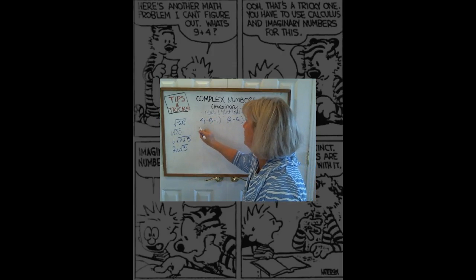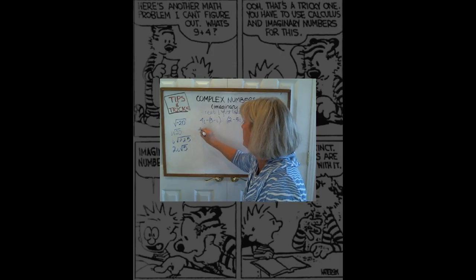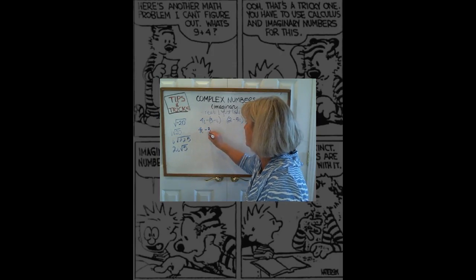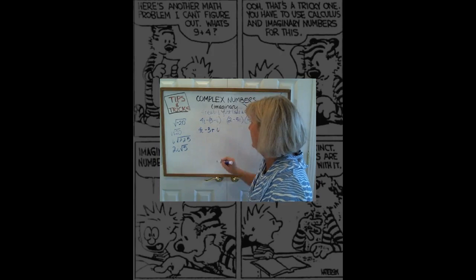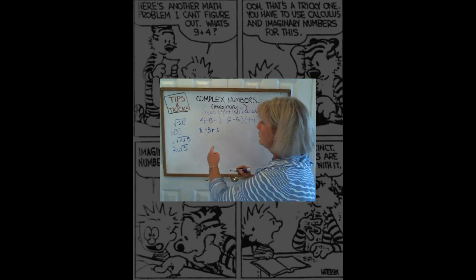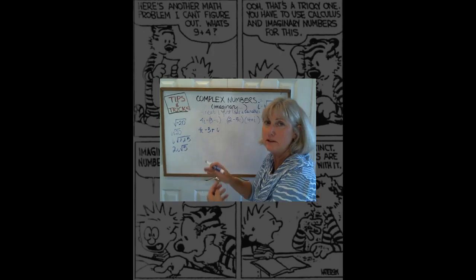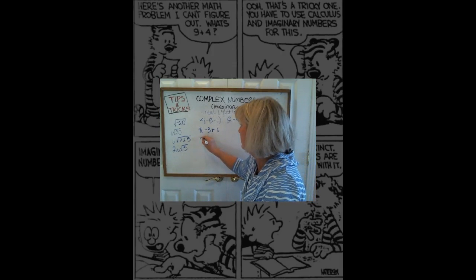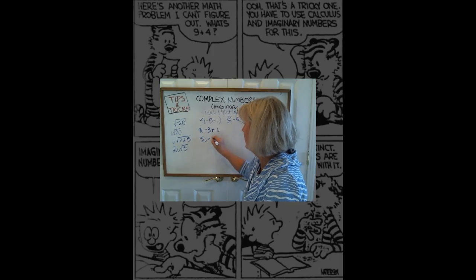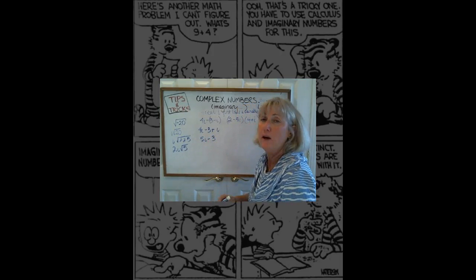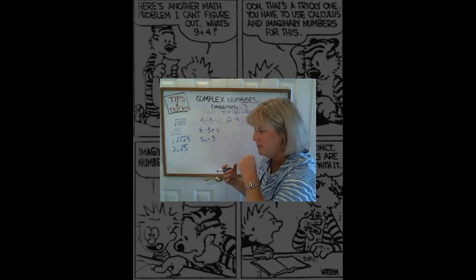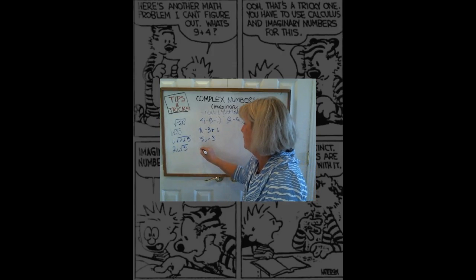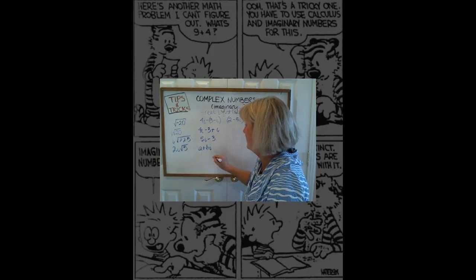So this is going to be 4I minus 3 plus I. If this was 4x minus 3 plus x, you would just combine the x's, so that's what you do with the I. So this is going to be 5I minus 3. Now one of the things they also talk about is put it in standard form, which is A plus BI form.